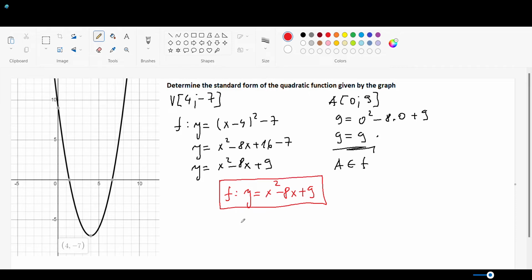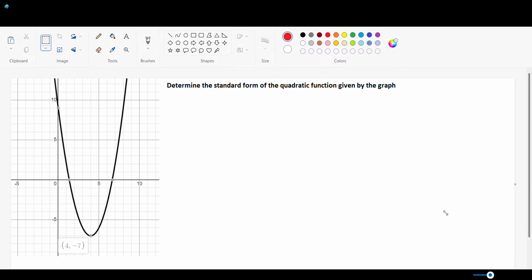Okay, now let's see what will happen if we have a little bit more complex graph and we will have to modify our vertex form of the quadratic function. Let me erase this and take the graph of another function, which will not be solved so easily.